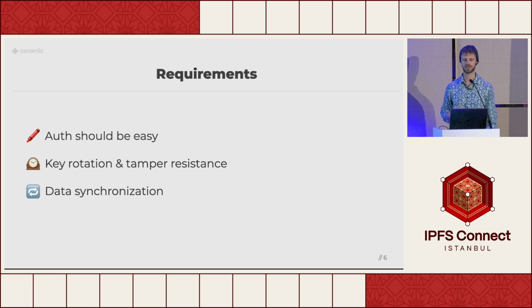Key rotation is an important aspect, and tamper resistance. Those are very bound together. Basically, I should be able to see when a key has been rotated out. Everything that was signed with that key before it was rotated should still remain valid, while things signed with that key after it was rotated should obviously be considered invalid.